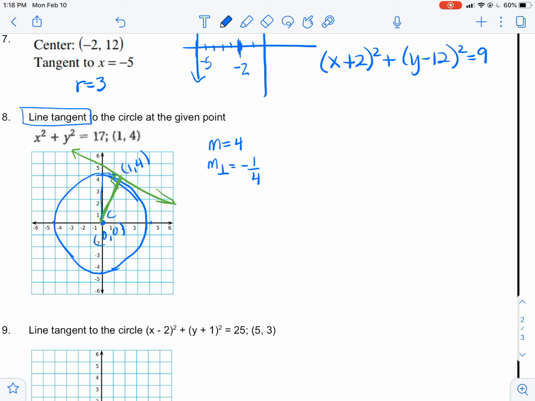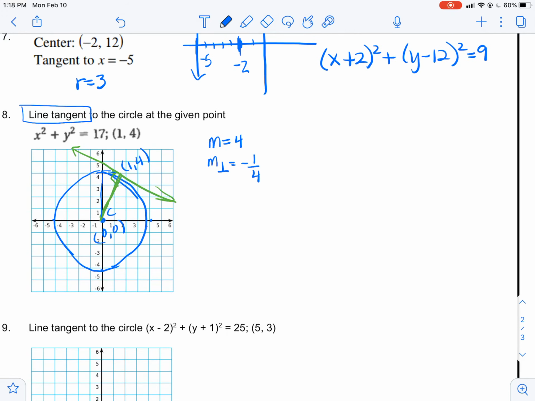So I know the slope of this line, so the slope of my green line, and I know it goes through the point (1, 4). So now I can either do point slope or y equals mx plus b. Okay, so I'm going to do my point slope. So y minus y1 equals slope times x minus x1, and I'm going to distribute.